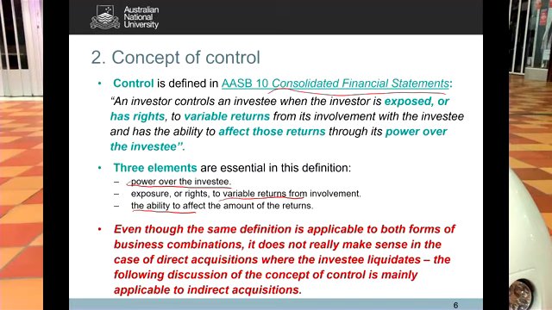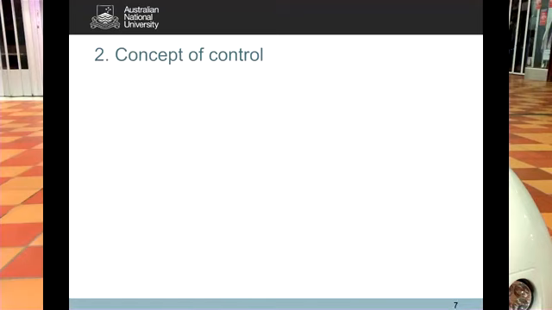The following discussion of the concept is mainly applicable to indirect acquisition. And our chapter, our consolidation issues, focus mostly on indirect acquisition too. But again, those concepts are applicable to direct acquisition too, right?